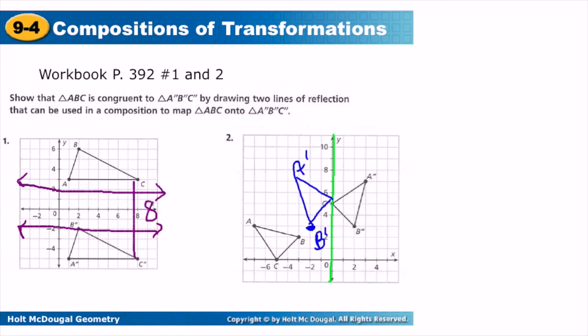So your image versus your pre-image, we are going to go ahead and draw in another line of reflection. So here, there's approximately 1 unit of space in between those two. So it looks as though our line of reflection is going to be here. So at y equals x.